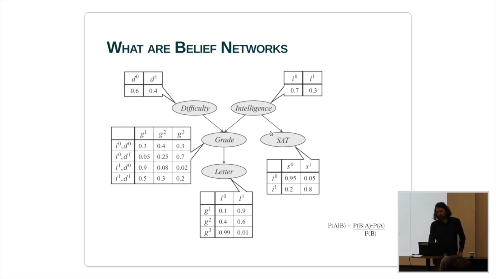And then we need these arrows, which is the probability given, or the posterior then, the probability of the grade given that we don't know anything except what the intelligence is, or we don't know anything except what the difficulty is, or the letter given that we only know the grade.